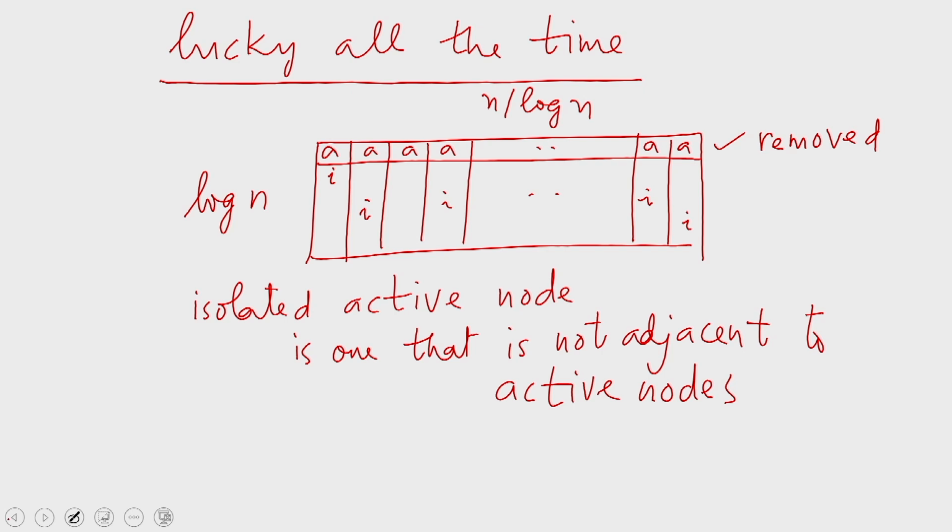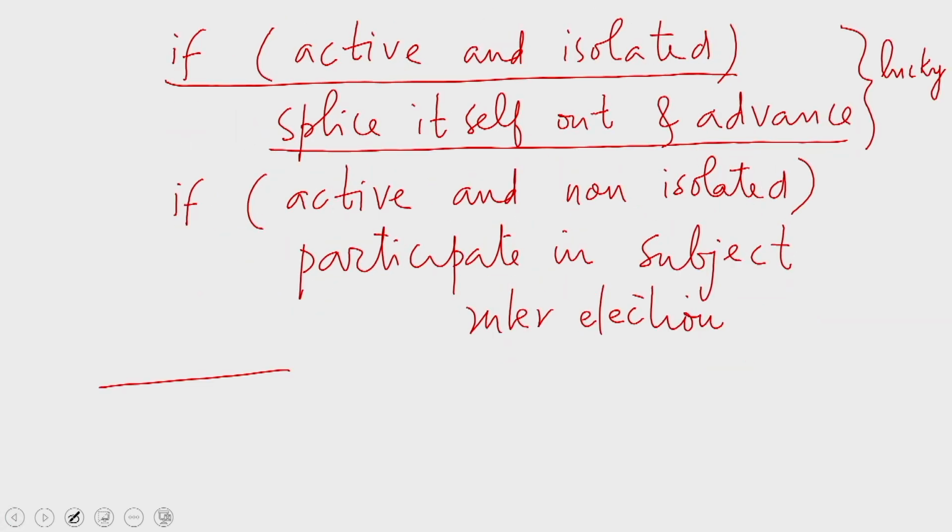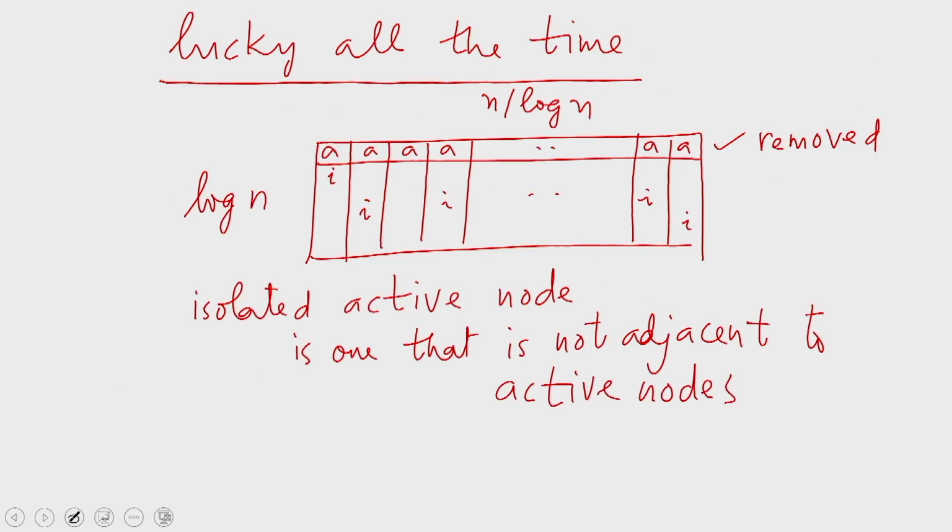That is what the underlined part of the algorithm specifies. If a node is active and is isolated, then splice itself out and then advance in the corresponding column. When a node is spliced itself out, its label is changed to removed. So, all these vertices become removed, and then the processors will step down in their columns to the next element, which means the row below is activated.